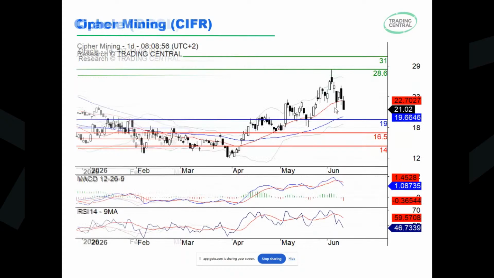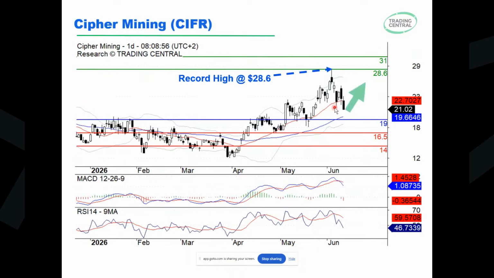Okay. Next one, we are going to have Cipher Mining, CIFR. Well, it is a data center stock. Okay, it operates data centers. It just made a record high, 28.6, last week. Of course, it followed the big market to consolidate.